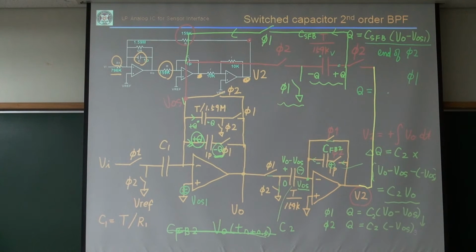So the charge Q will be CSFB times just VOS1, not minus VOS1, right? So the amount of charge delta Q delivered is CSFB, the minus delta Q on the right-hand side, times VO minus 2 VOS1. So I couldn't accomplish auto zero operation for this switch.